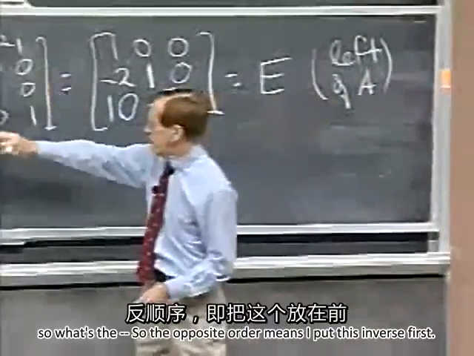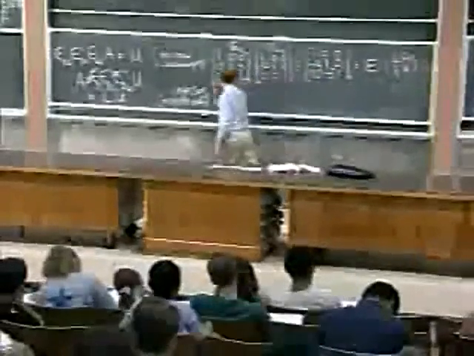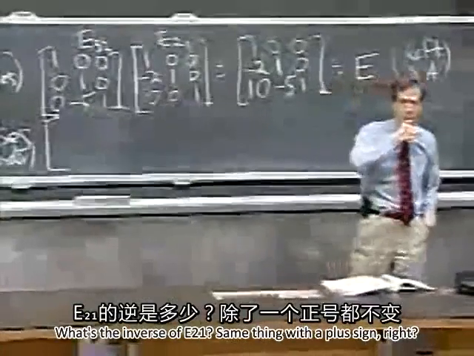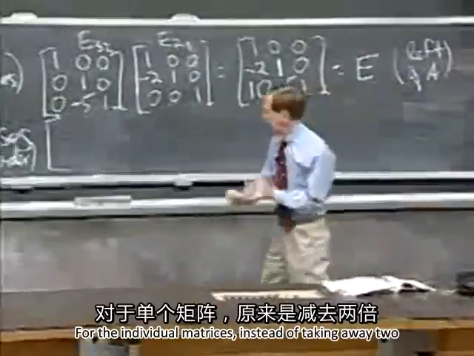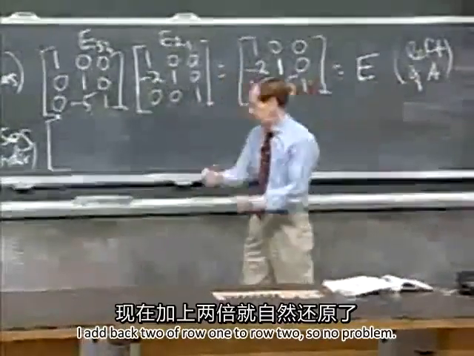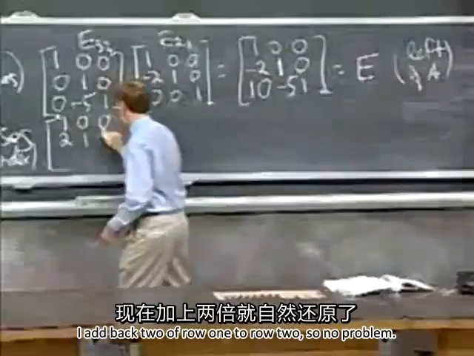So the opposite order means I put this inverse first. And what is this inverse? What's the inverse of E21? Same thing with a plus sign, right? For the individual matrices, instead of taking away 2, I add back 2 of row 1 to row 2. So no problem.